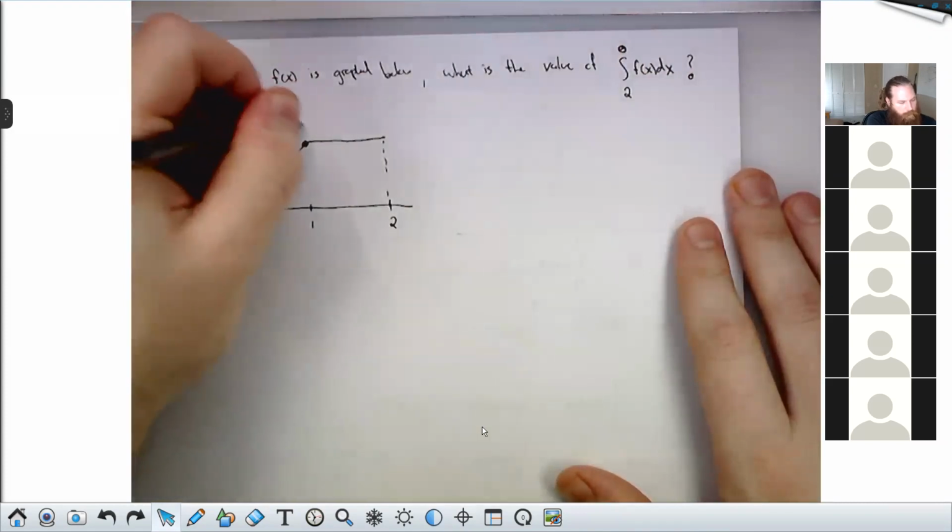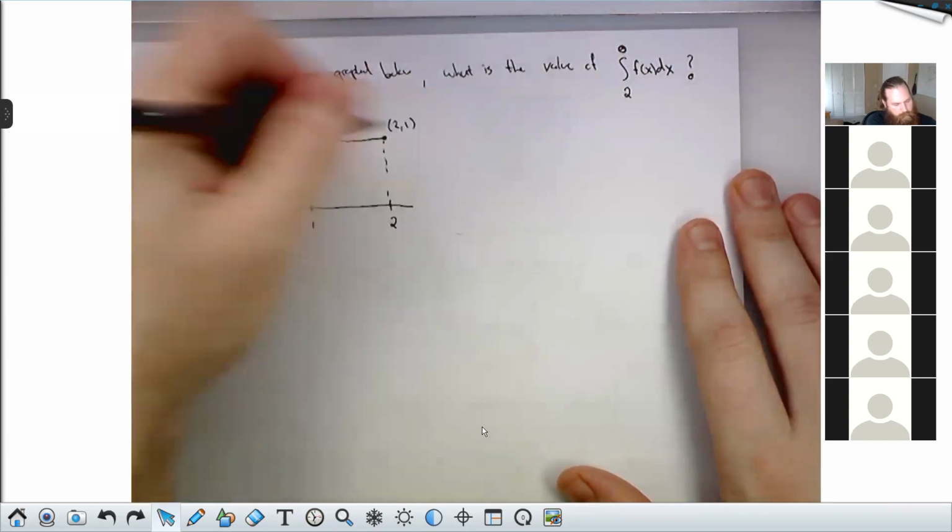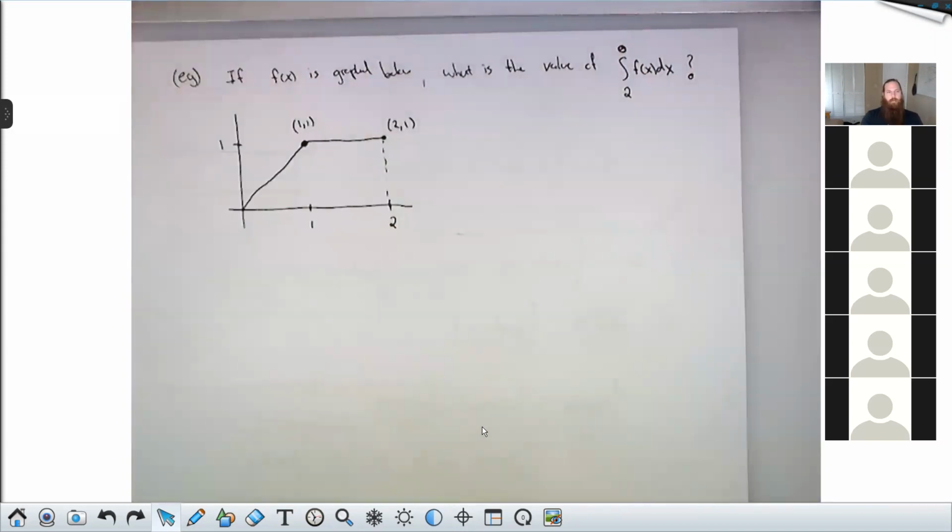This point right here is (1, 1). This point right here is (2, 1). How would we get started with this?